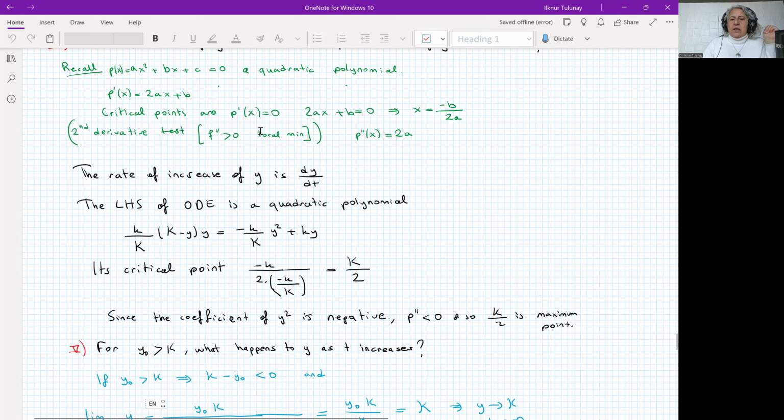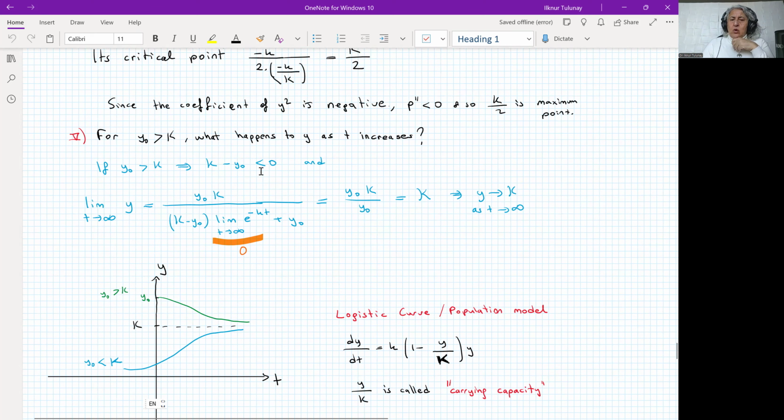We always take y0 between 0 and k in these questions when we are solving them. If y0 is bigger than k, what happens to y as t increases? So this is the question. If y0 is bigger than k, then k minus y0 needs to be smaller than 0.